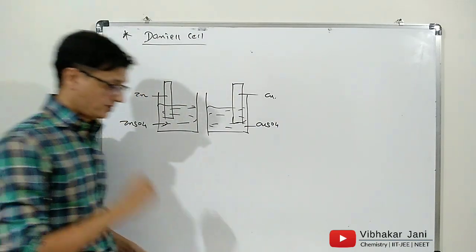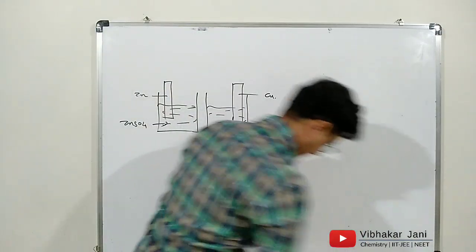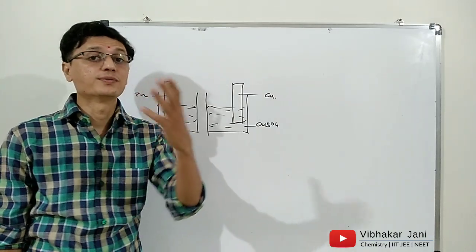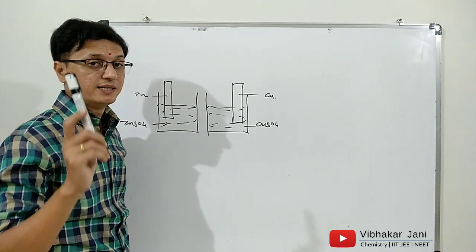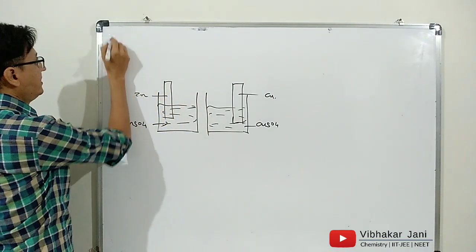Now, just try to remember the electrochemical series or the reactivity series of metals. You know very well what the reactivity series of metals is, but still I will write the series again.